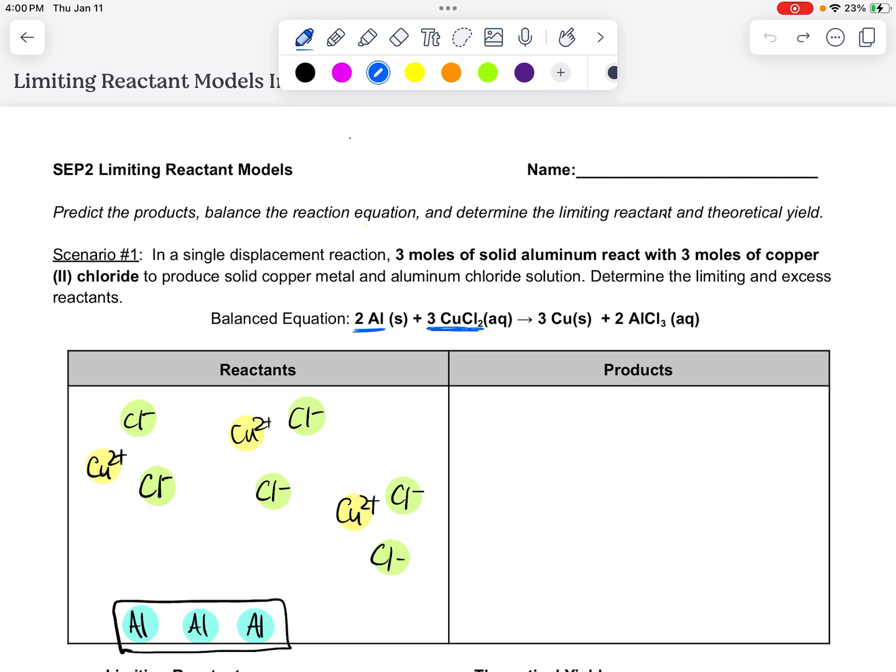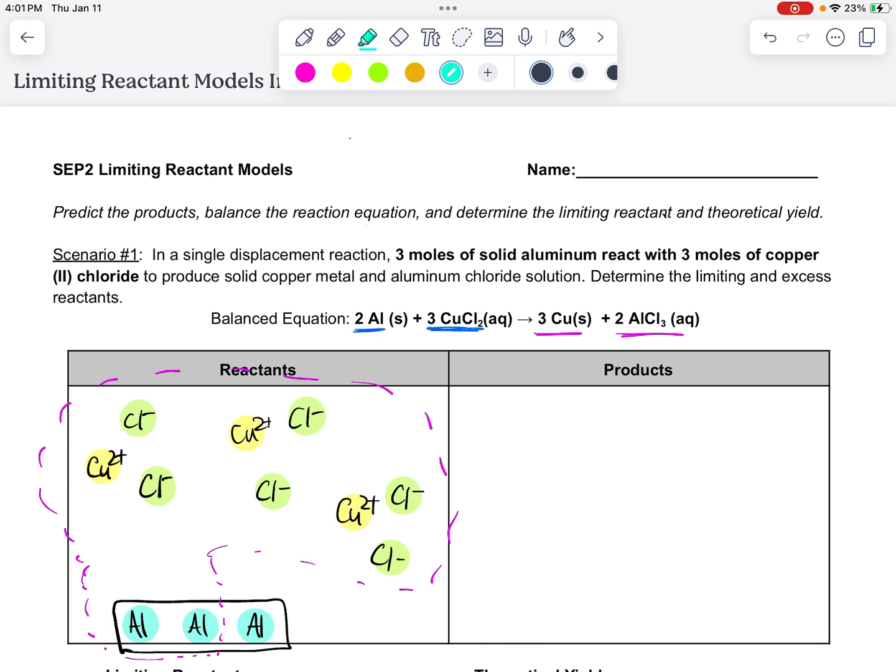So what I'm going to do is partition off, section off with a dotted line the reactants that are necessary in my recipe. So 2 aluminums, and then I need 3 copper chlorides, and that's actually all of this copper chloride. So I'm going to need all of those in order to make this set of products, 3 copper solids and 2 aluminum chlorides.